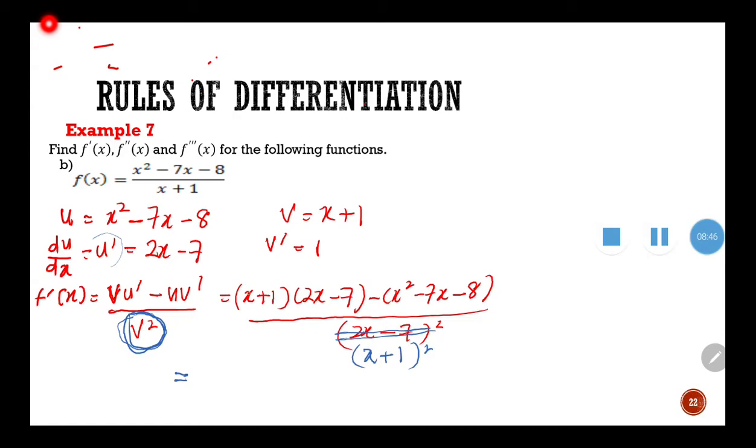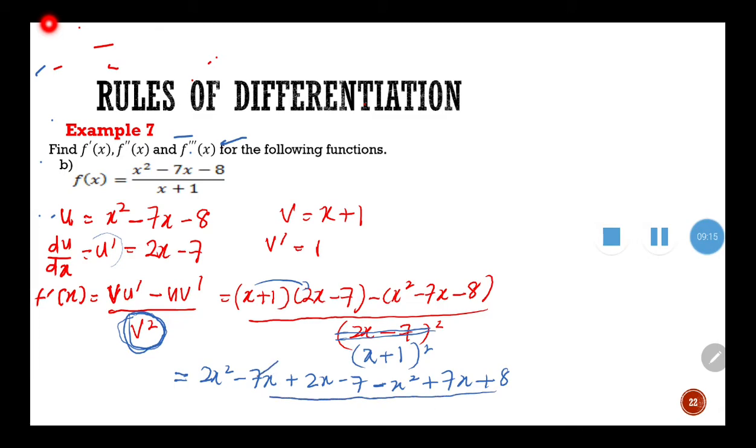So here x times 2x, you will get 2x square minus 7, right? Minus 7x plus 2x and then minus 7. Right? 2x square minus 7x plus 2x minus 7. Then minus x square plus 7x plus 8. Don't forget this one. We have x plus 1 square.